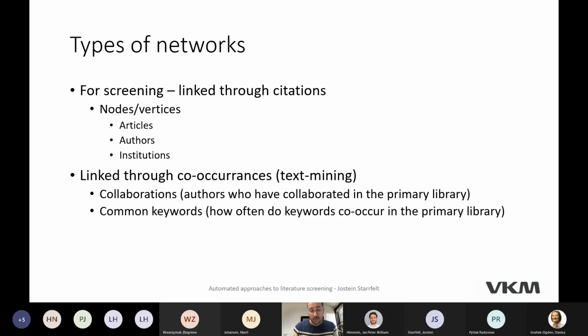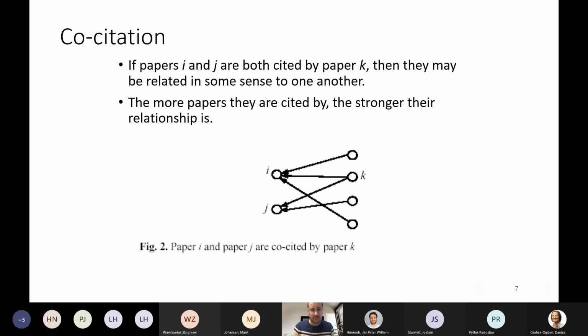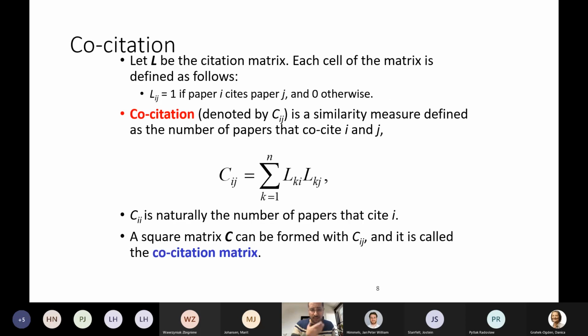So what is co-citation? Simply, if 2 articles, A and J, both cite K, then they might be related in some sense. This is some known stuff. Usually when we speak about a co-citation network, we speak about the citation matrix, which is an n by n matrix, where n is the number of articles, and each entry Lij is 1 or 0.